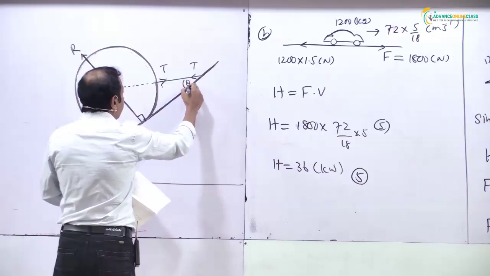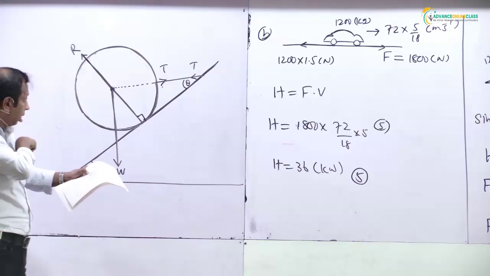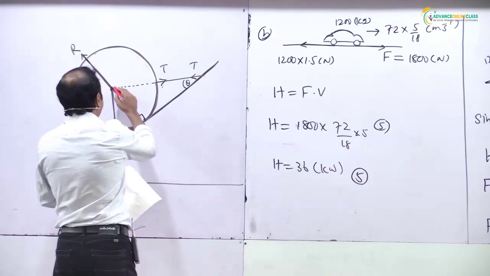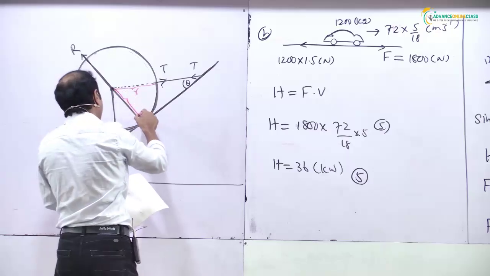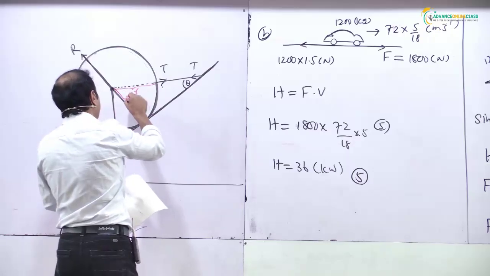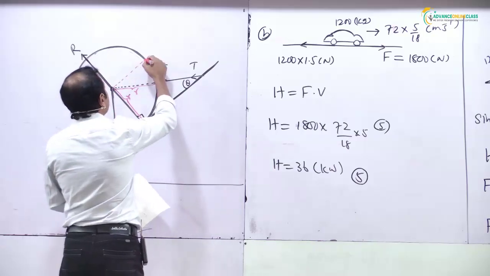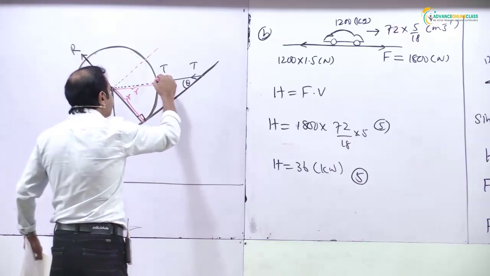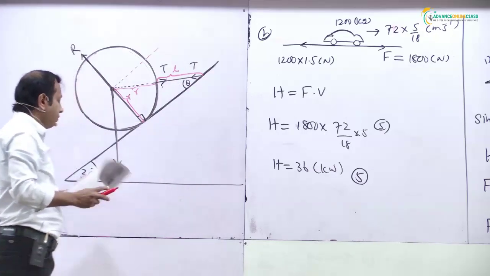This angle be theta. This length given as L. This is R, this is also R. Then this is L, the length of the string is L. Sin theta you can write there.